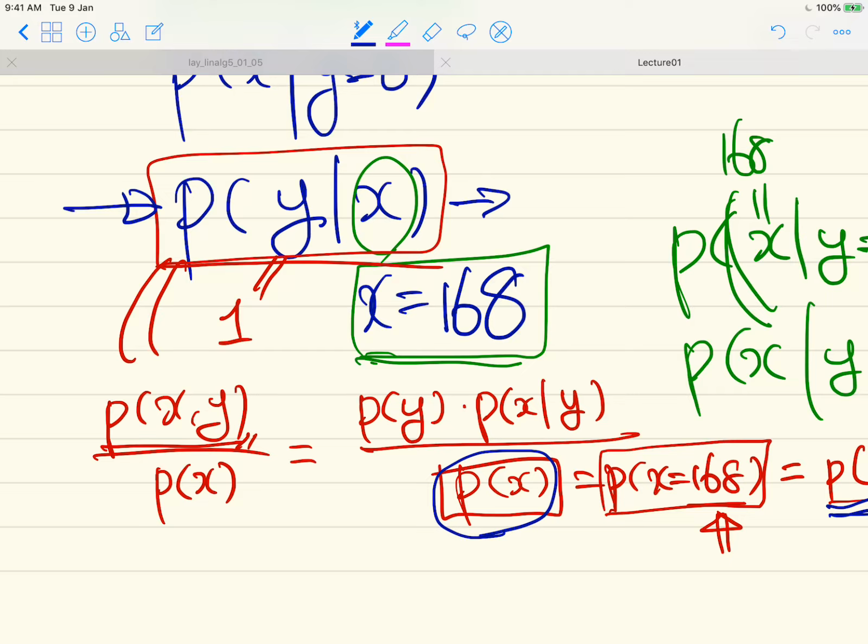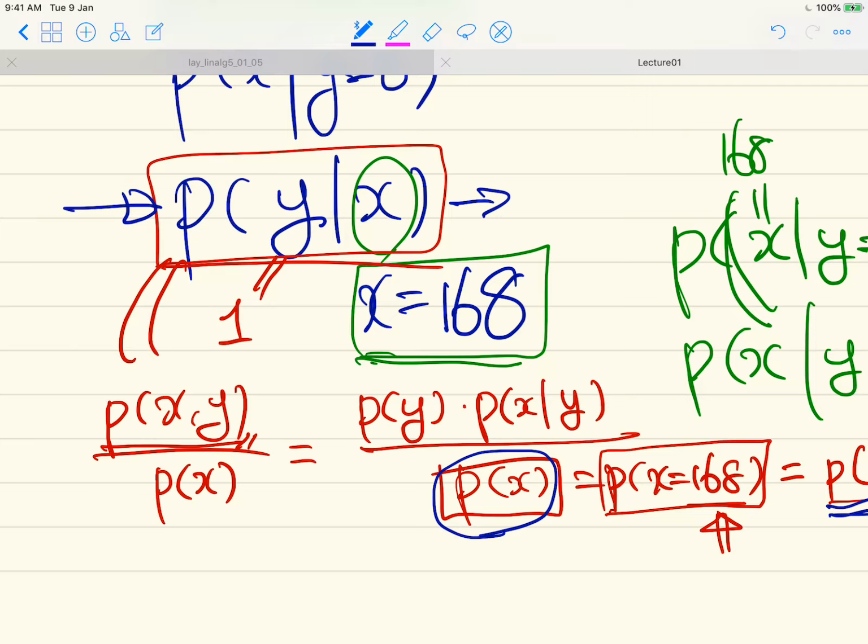So again, the overall story is we want to consider this posterior distribution given x as a fixed value of 168, and then what is the probability distribution of y? This corresponds to the reverse order of our generation process, and we just changed it into this form.